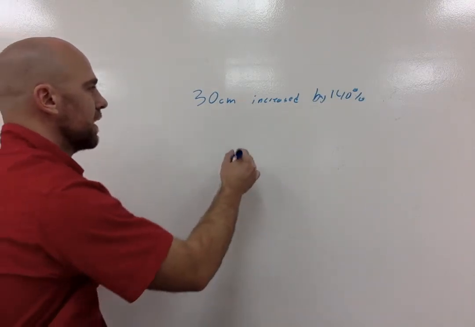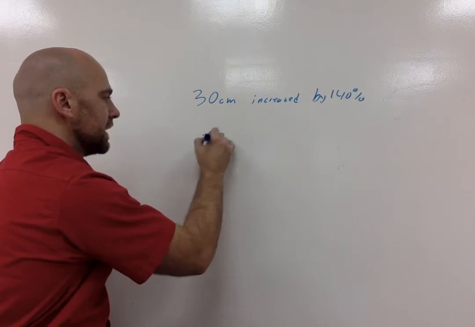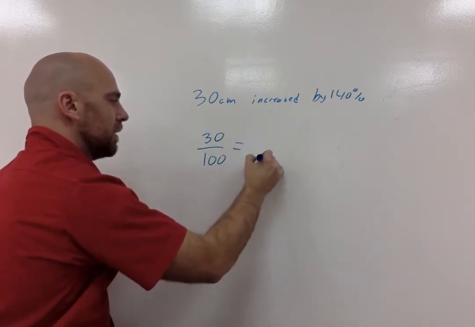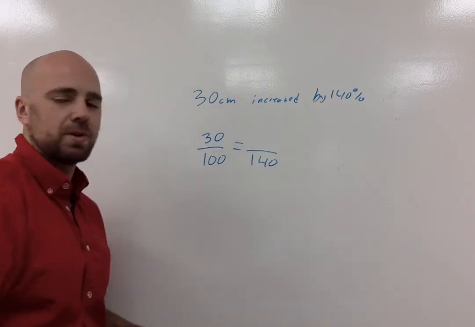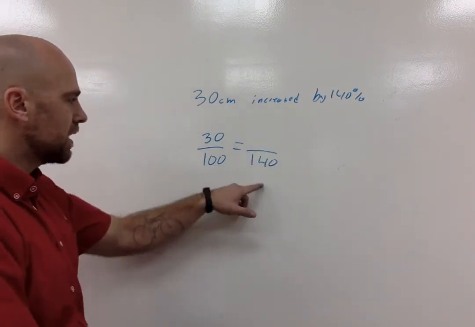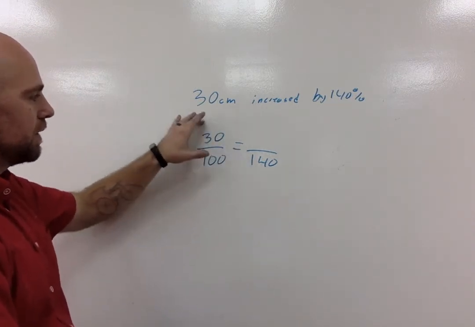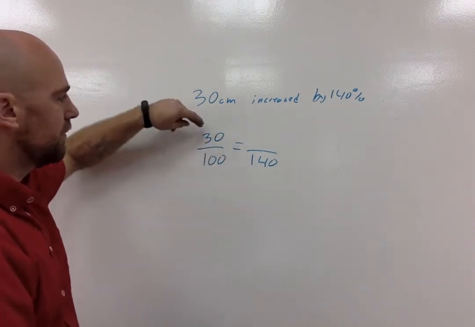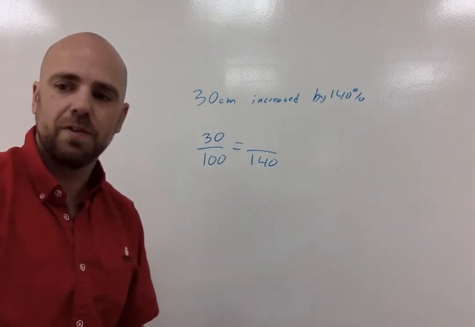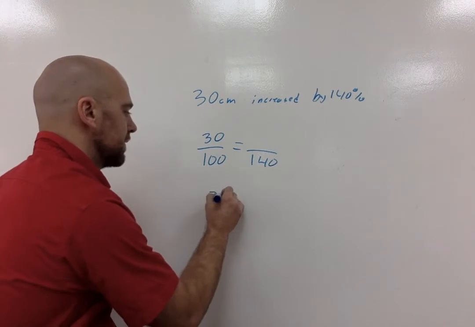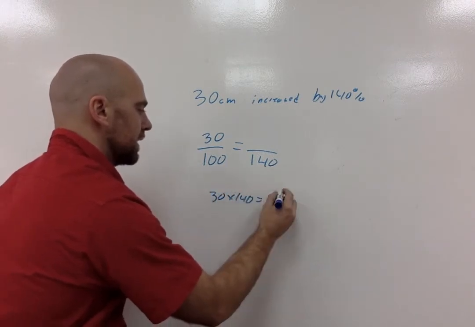This time I'm saying, okay, 30 is my 100%. I am looking for 140%. Okay, so I can start with either one of these ones that are by themselves. So crisscross multiply, 140 times 30. 140 times 30 gives me 4,200.